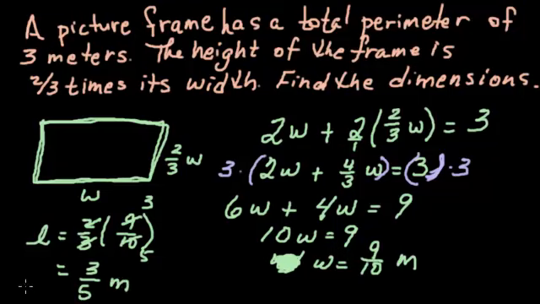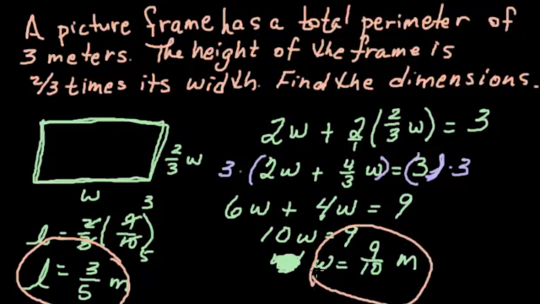So this is my length, and I'll give them a little circle so that whoever is looking at this can see that this is my length and this is my width. Now whoever's grading this will be able to look at it and know that I know the dimensions of the picture frame.